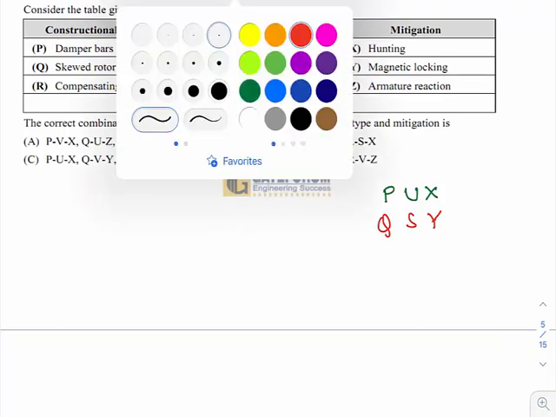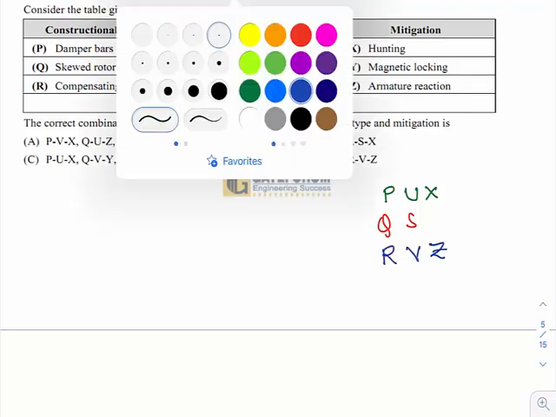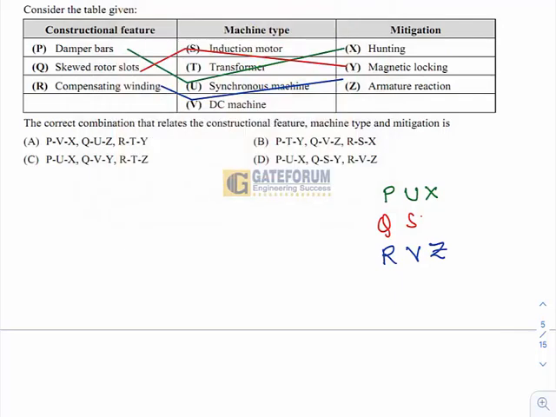So the next sequence is R, V, Z. RVZ. QSY हट गया है, QSY. So the correct option is option D. Okay, so this is how we have to deal with this question.